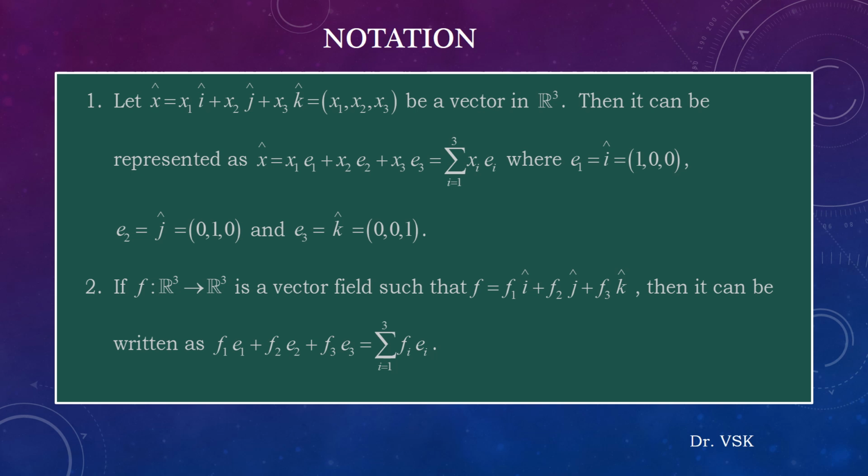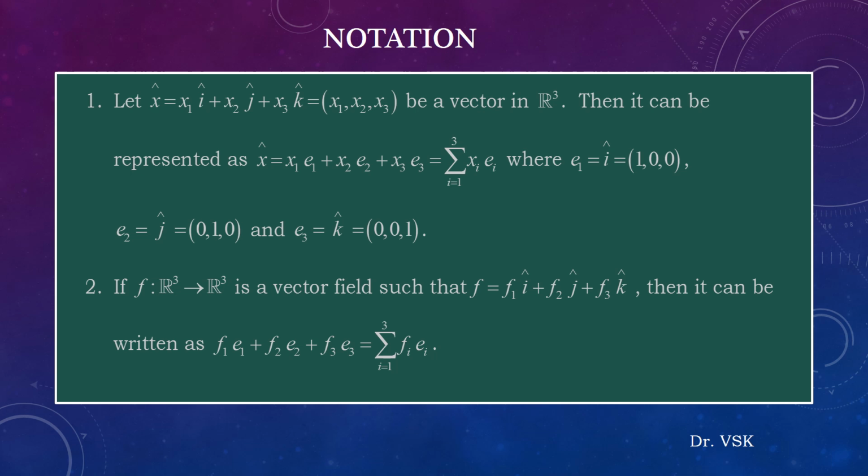Here in our new notation, f equals f1 e1 plus f2 e2 plus f3 e3 because I replaced i cap with e1, j cap with e2 and k cap with e3. Now, f can also be written as f equals summation sigma over i fi ei.